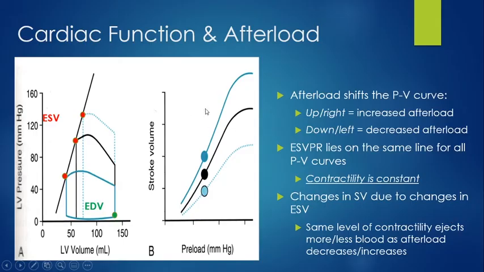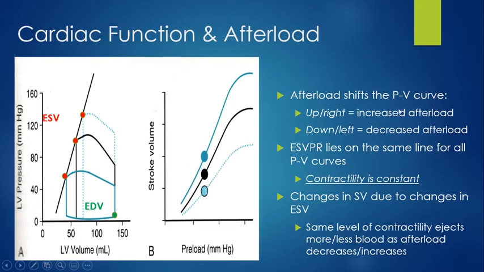We talked about preload, we talked about contractility. Now let's talk about the effects of afterload on cardiac function. We know that with increasing afterload, we really mean that we are increasing arterial pressure or aortic pressure, or basically the resistance to the left ventricle to eject out blood.